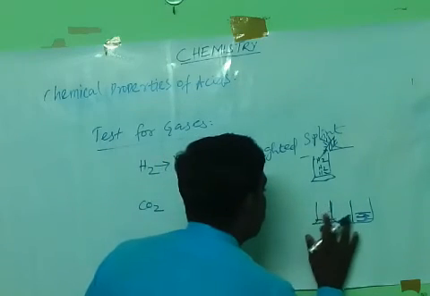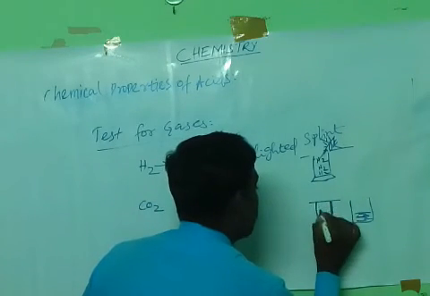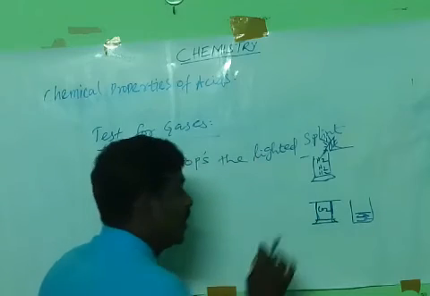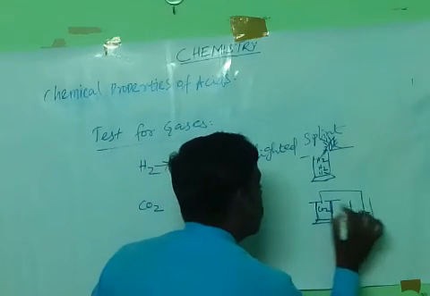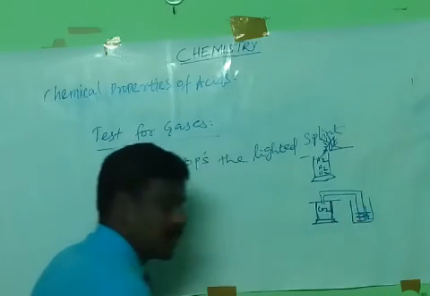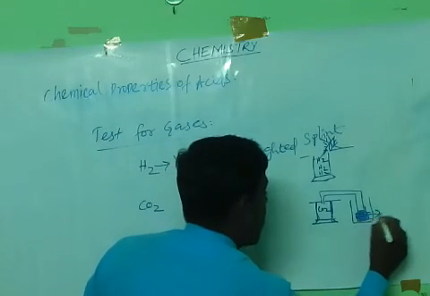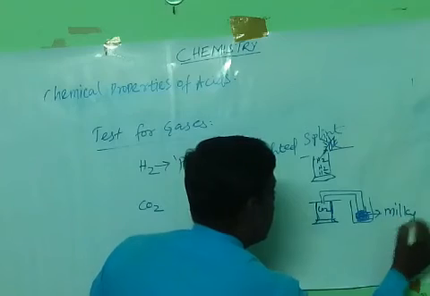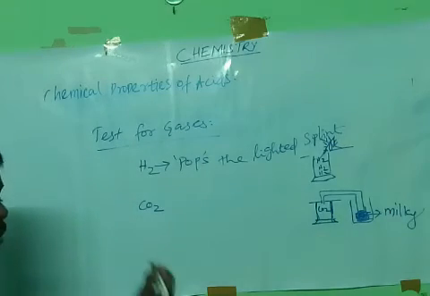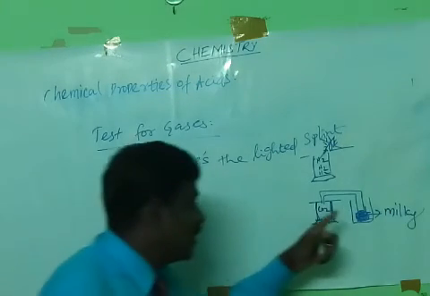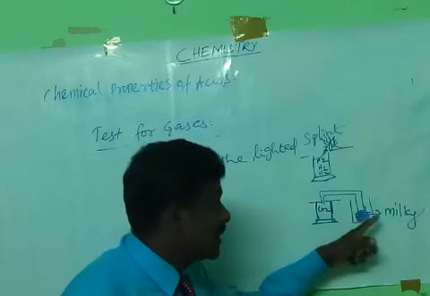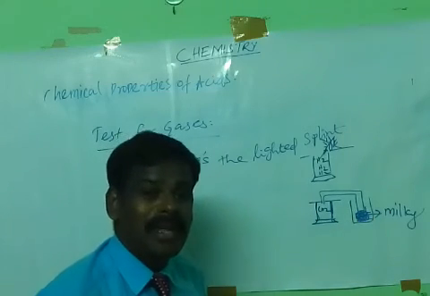Okay, let us say we have carbon dioxide gas in this, and if you make arrangement to pass into this carbon dioxide, here carbon dioxide will react and it turns milky or cloudy. Why? The lime water changes into milk color, milky white.